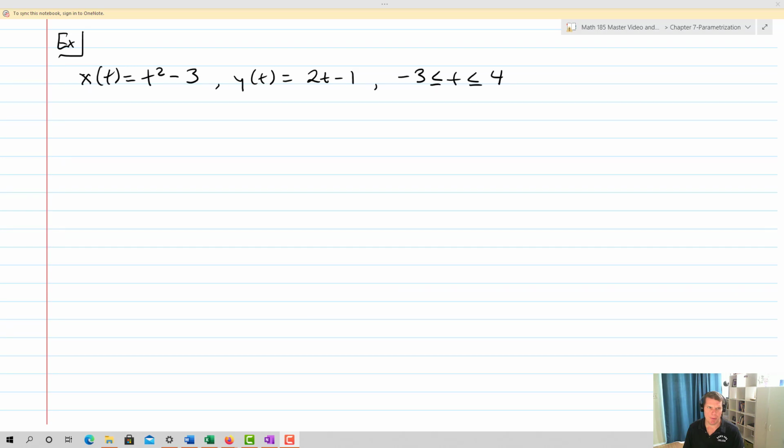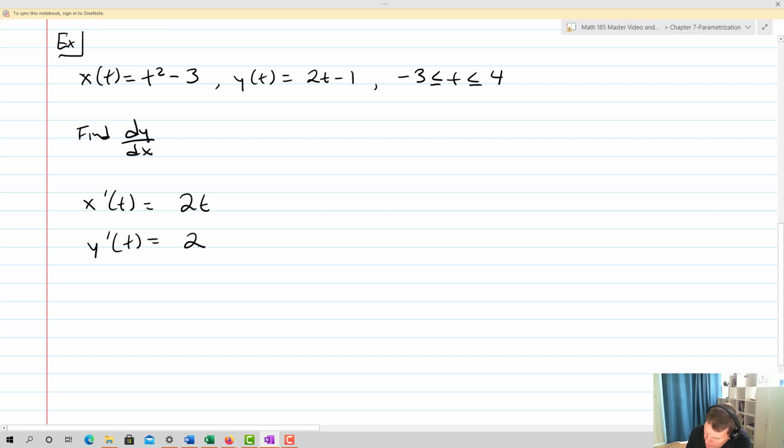Let's take a look at this example. So now I have x of t equals t squared minus 3, y of t equals 2t minus 1, and t is greater than or equal to negative 3 and less than or equal to 4. What we want to do is figure out what the derivative dy/dx is. So we'll take x prime of t, which equals 2t, the derivative of x with respect to t, and then y prime of t, which is just equal to 2.